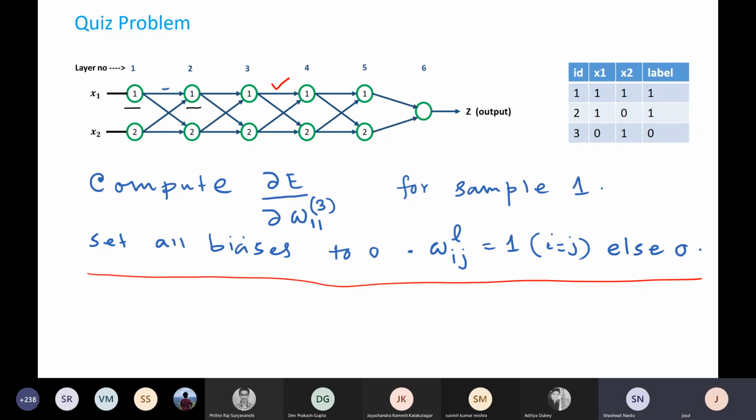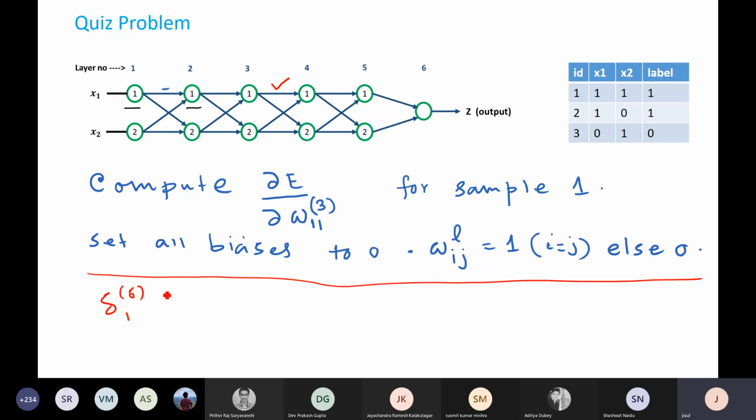So start with delta 6 1. In terms of delta, in which sequence do we compute? First, delta 6 1. Then delta 5 1 and delta 5 2.